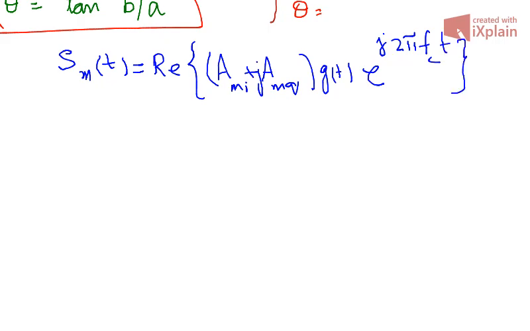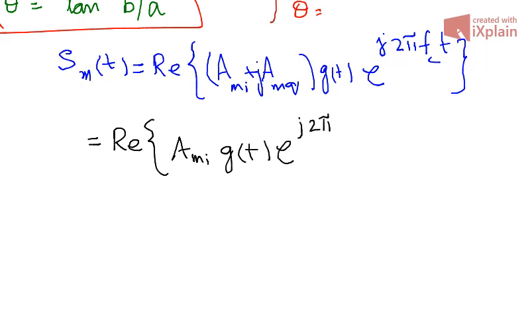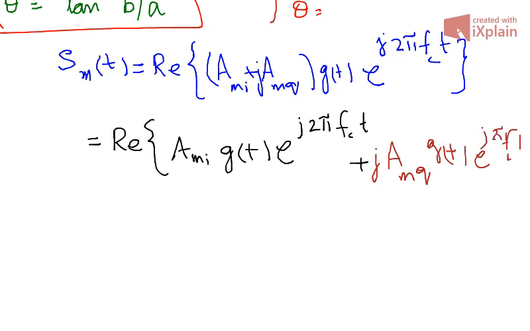Now we do it step by step. We can say it's the real part of, let's multiply it, A_mi g of t and e raised to the power j 2 pi f c t, and then you have another part which is j A_mq g of t and e raised to the power j 2 pi f c t, right? So this is after multiplication.